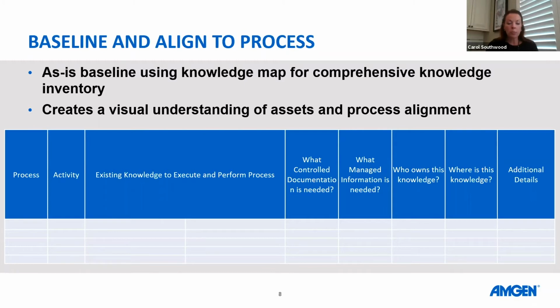So in partnership with those BPOs, with training, with document management, which are different functional areas within my organization, we worked to create this comprehensive inventory. So we developed knowledge maps for every single process area, for all the L1s, all the L2s.